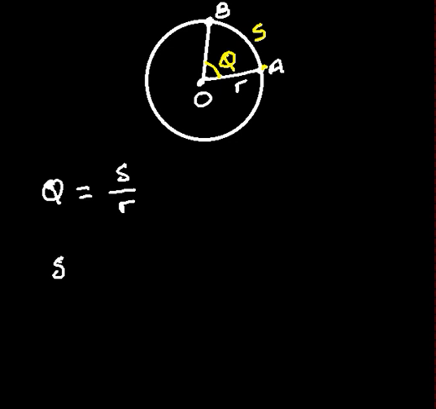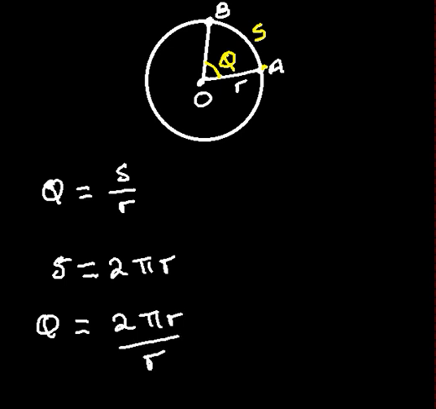Now the arc length, if the object completed the whole circle, is given as 2 pi r, which is the circumference of the circle. So in this case, the angle formed at the center will be 2 pi r divided by r, of which the r's cancel.